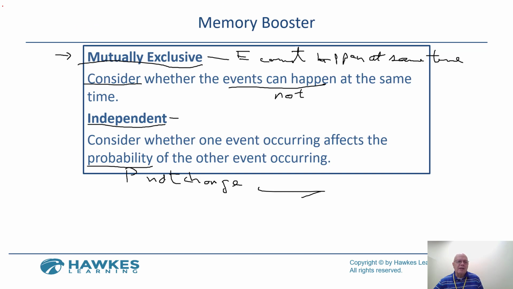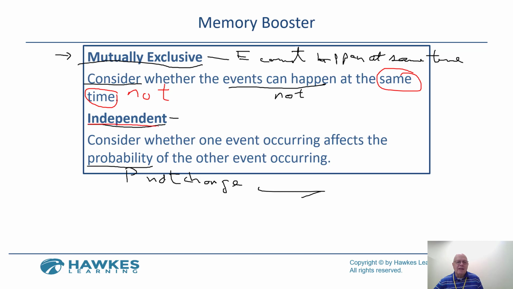If they're mutually exclusive, they can't happen at the same time. If they can happen at the same time, that means they're not mutually exclusive.